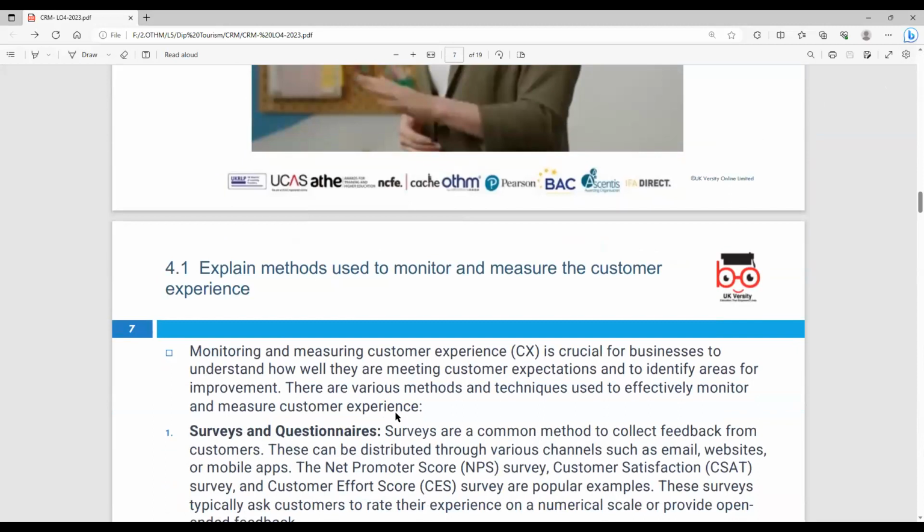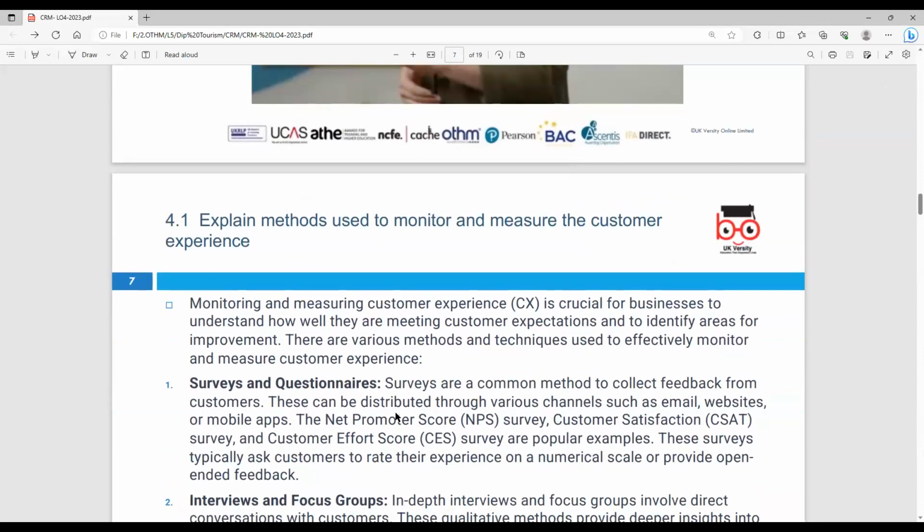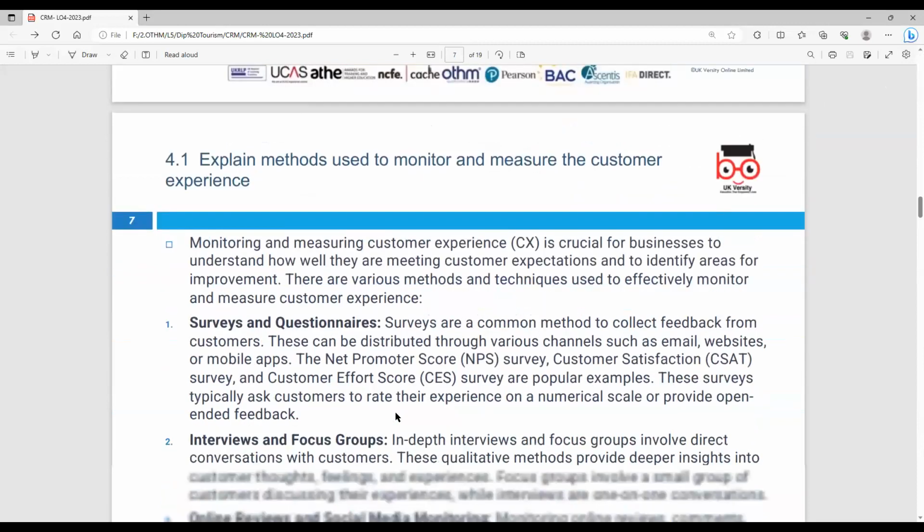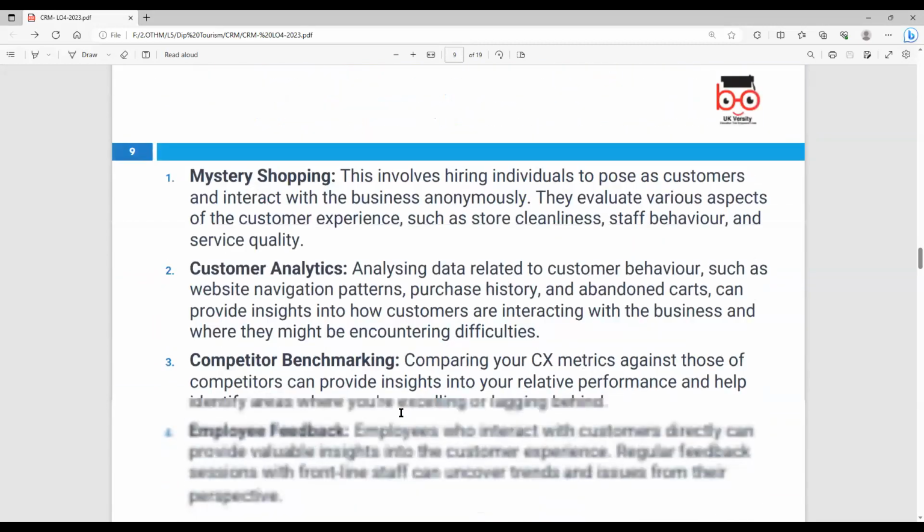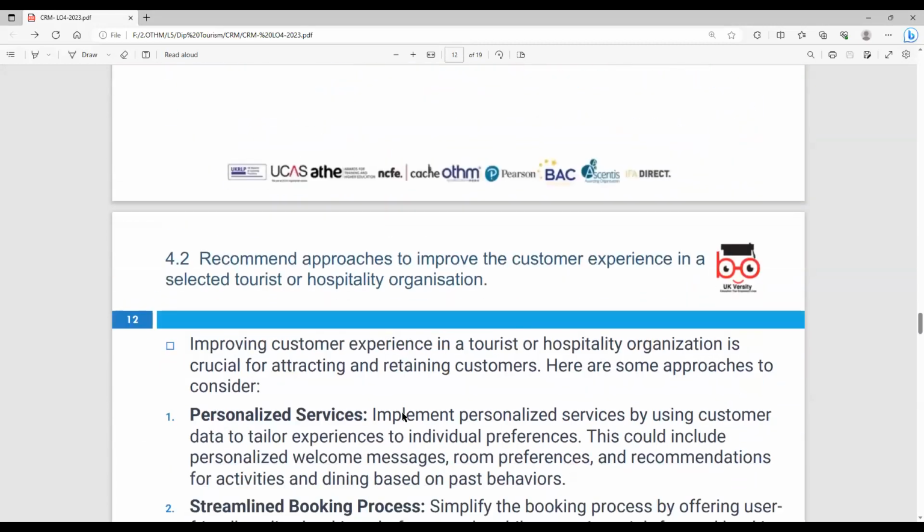The 4.1 was the methods we can use to measure and monitor performance or customer experiences, and the second one was to recommend approaches to improve customer service in the tourist or hospitality trade.